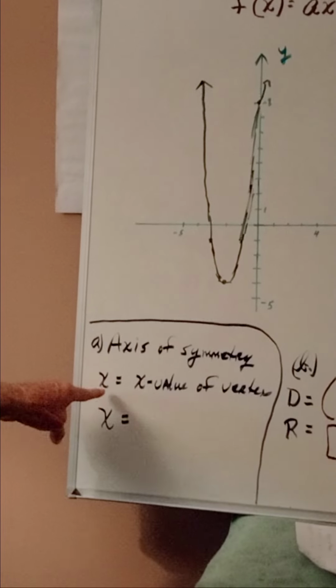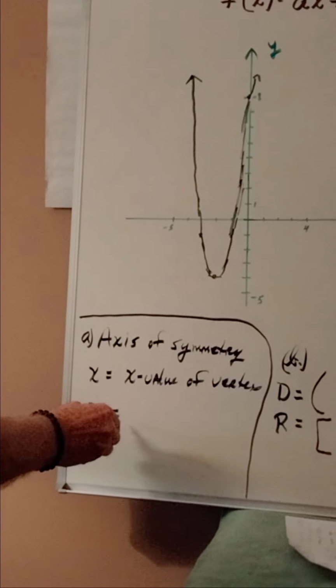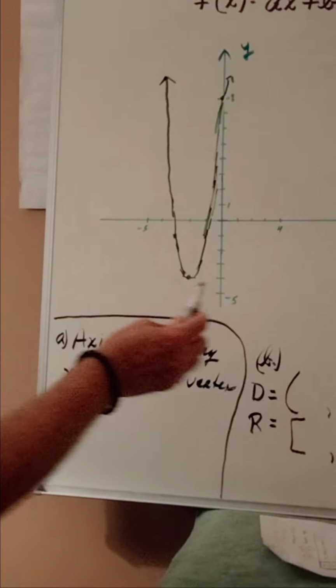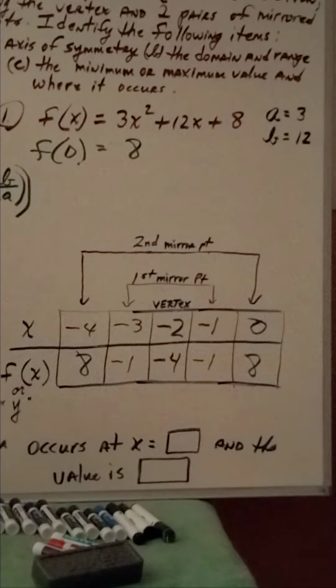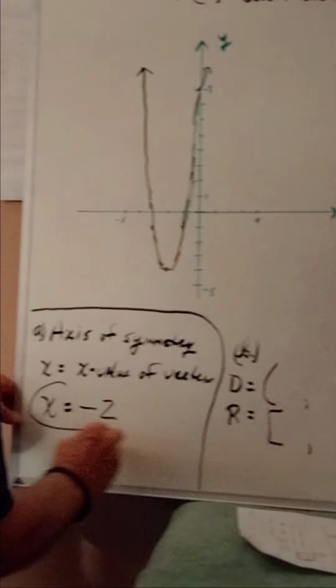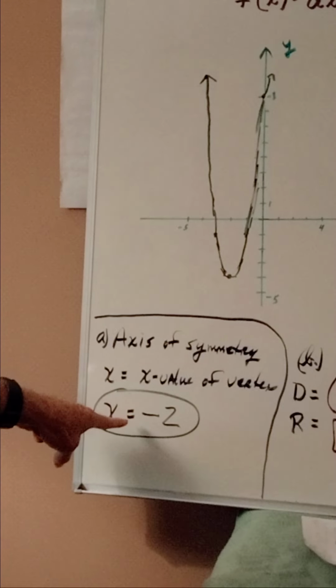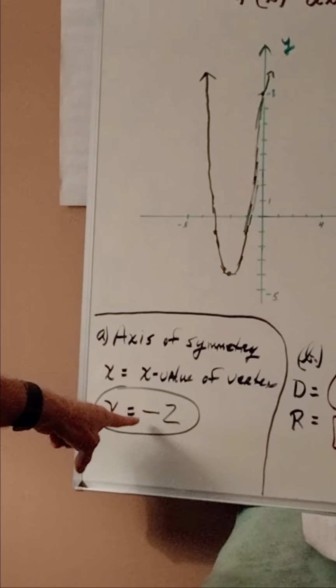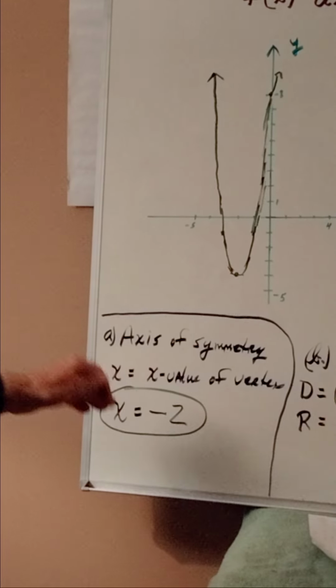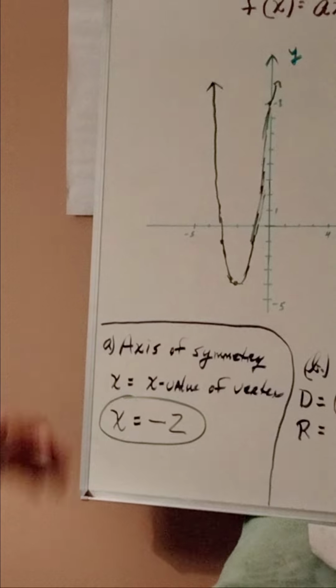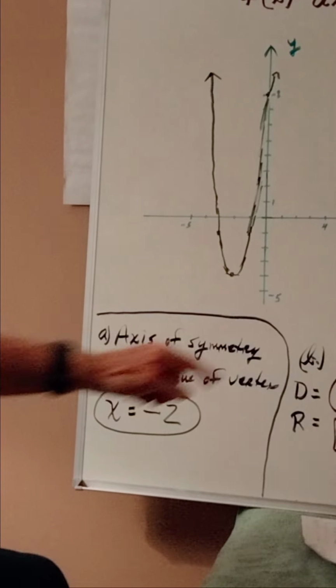Then in this case, x is equal to the x value of the vertex is -2. This is what you will write down as your axis of symmetry. It's the equation x is equal to -2. That's what the axis of symmetry is.